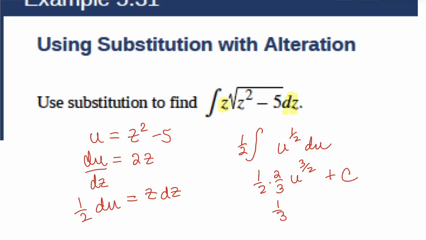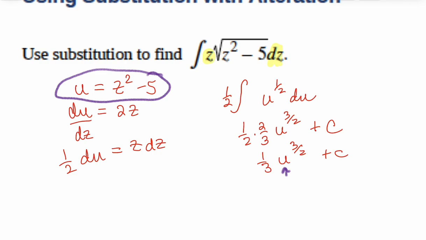So make that as pretty as possible with u's. And now we are going to put this back in. So that's what our u is going to be equal to in parentheses. We get the z squared minus 5 in the parenthesis that's to the 3/2 power.